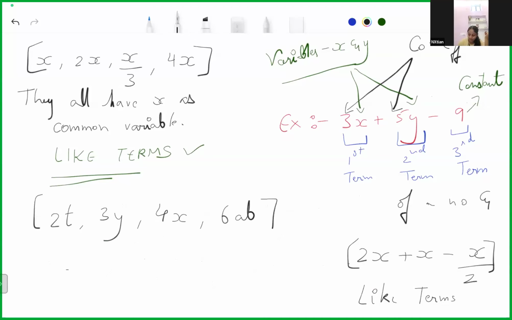So how many different kinds of variables do I have? Ma'am, 5 variables. 5 variables: t, y, x, a, and b. So they are all different variables.